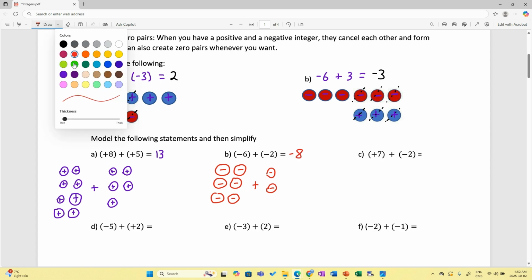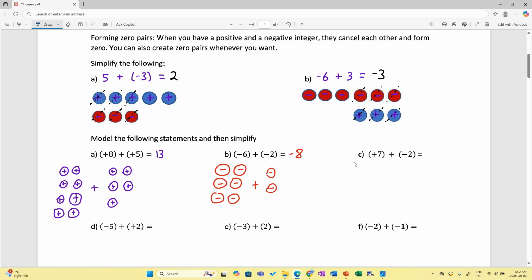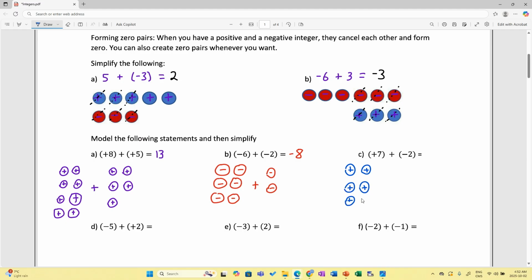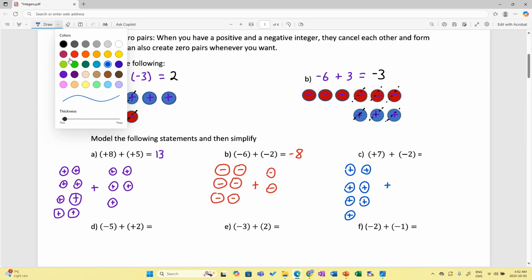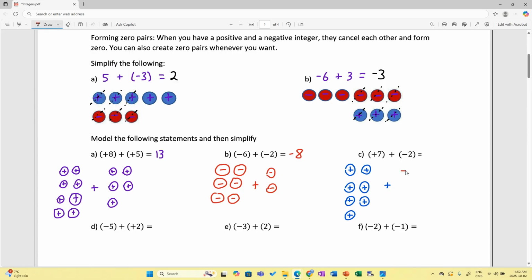Okay, now for C, I have 7 positive circles. And I'm adding to it 2 negative circles.